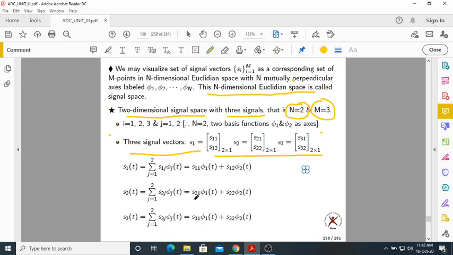What is S2 of t? S21 phi 1 of t plus S22 phi 2 of t. What is S3 of t? S31 phi 1 of t plus S32 phi 2 of t. Now here I have written these 3 energy signals as a linear combination of phi 1 of t and phi 2 of t, with the coefficients of expansion as S11, S12, S21, S22, S31, S32. So this is the basic thing.